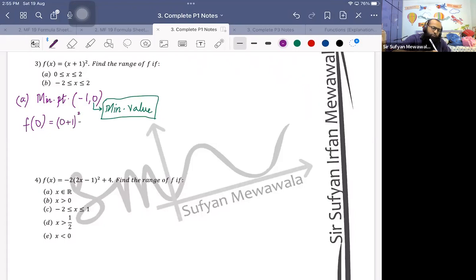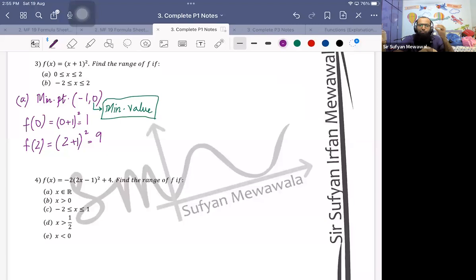We are going to get a 1. 1 आ जाएगा जनाब. अच्छा, if we are going to substitute 2, the second endpoint, then what answer will we get? So we will get 2 plus 1 whole square. This is going to be 3 square 9. Step 1, find the coordinates of turning point. Step 2, substitute endpoints of the domain. दोनों steps हो गए.